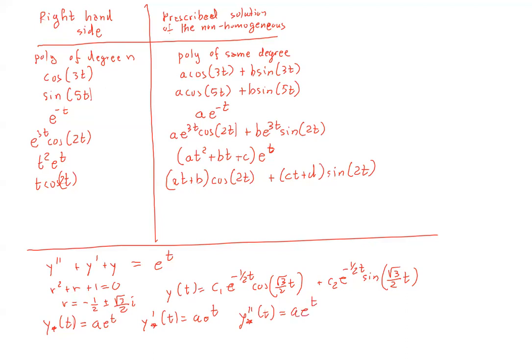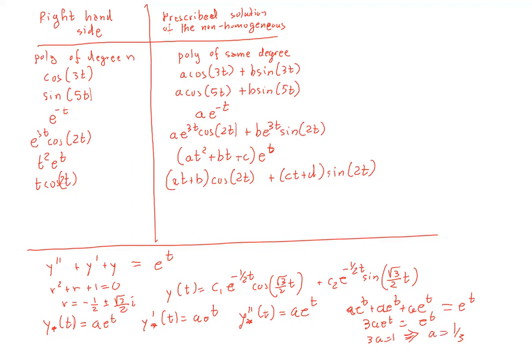And when you plug them in, you will get a e to the t plus a e to the t plus a e to the t. That has to be e to the t, which means that 3a e to the t has to be e to the t, which means that 3a has to be equal to 1, which means that a is equal to 1/3.